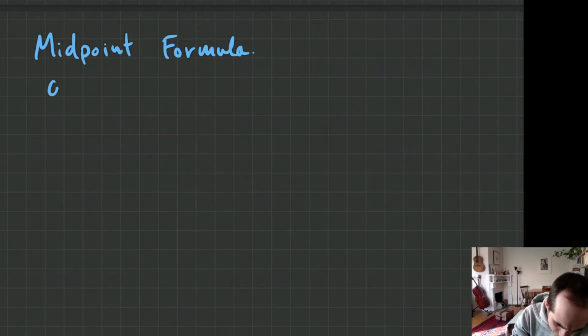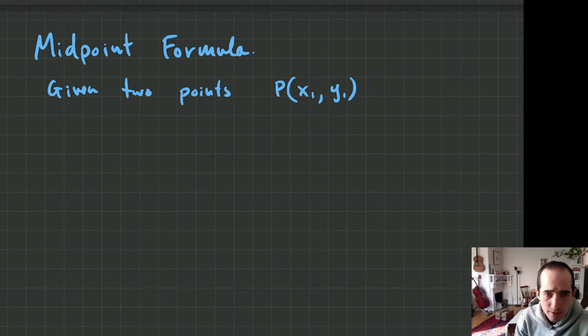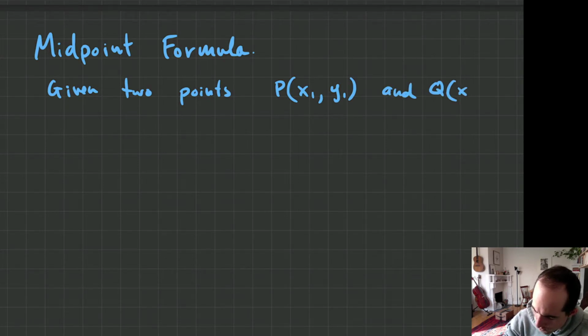So given 2 points, I'm going to call them P, with coordinates x1 and y1. That's my first point P, and the other point is Q, and that's going to have coordinates x2 and y2.